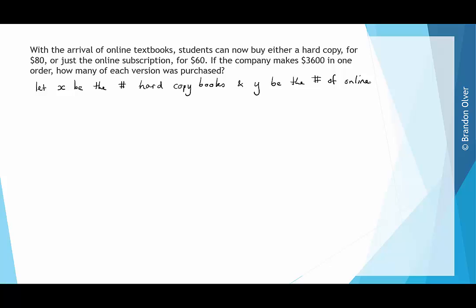Now, because the hard copies cost $80, we'll have $80 for every x, or for every hard copy book that's sold, and the number of that will be x. And we'll have $60 times the number of the online copies sold. And in the one order, they made $3,600.